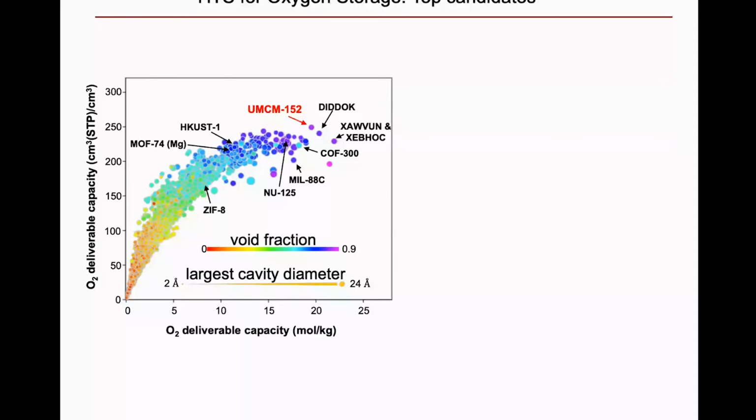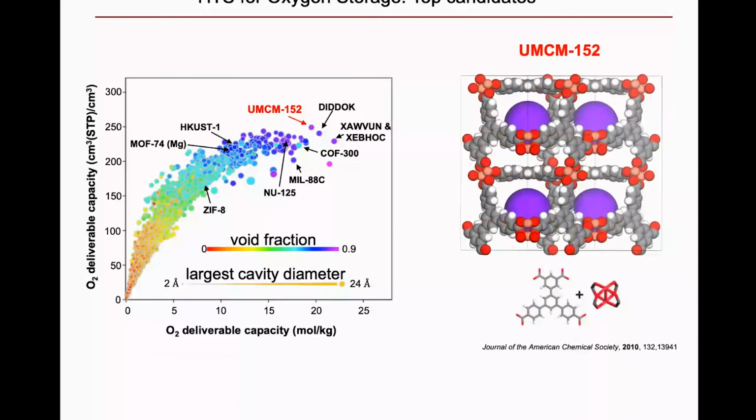So we really like this structure. And because we were doing all this computational screening on already published and synthesized structures, we went to identify the paper where the structure was published, and it was actually this structure with these building blocks.